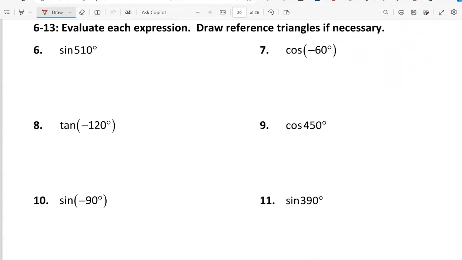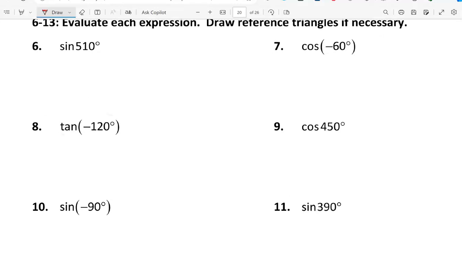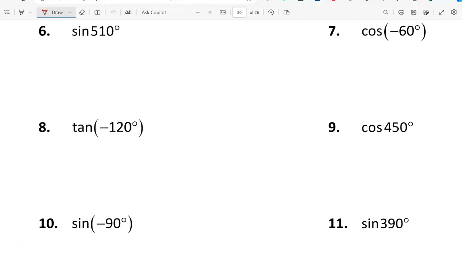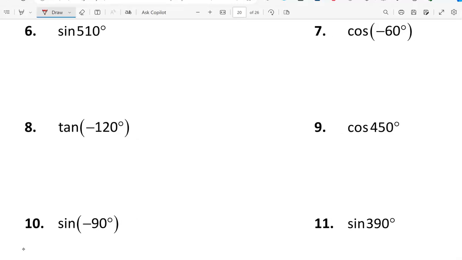And for numbers 6 through 13, we are asked to evaluate each trigonometric expression, drawing reference triangles if necessary. For number 6, we have an angle that is bigger than 360 degrees. For simplicity, sine of 510 is equal to the sine of a coterminal angle.